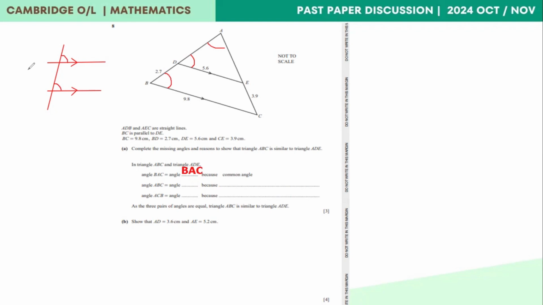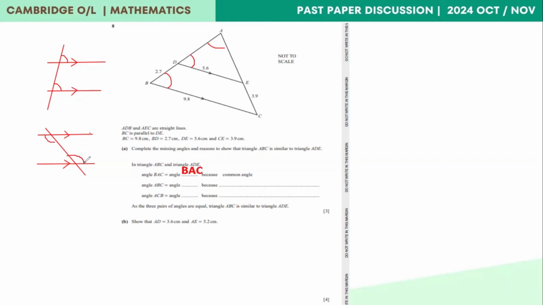Another rule, if we have two parallel lines like this, then we call this the Z angle, or alternate angles, which are always equal.